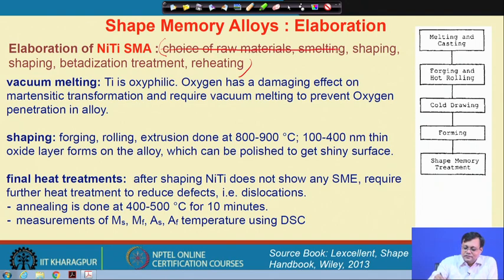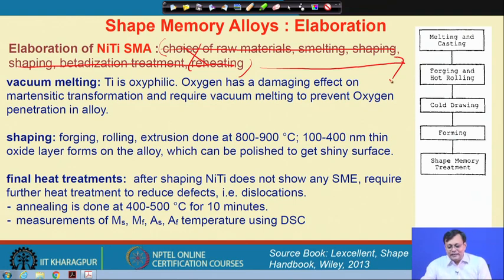We do not need these at all. So, the treatment is rather simple: melting, casting, forging or simply a shaping or forming operation, and then we give a shape memory treatment. This is relatively easier.